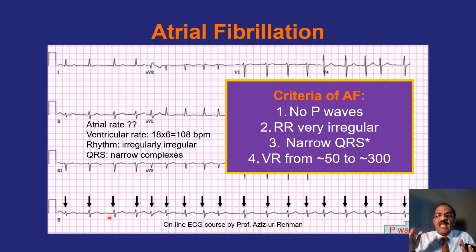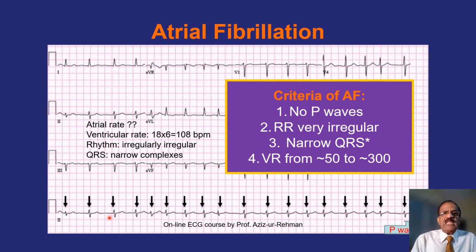Because in atrial fibrillation, there is always variable block, because the atria are bombarded with so many depolarizations that the AV node is almost in a constant state of depolarization. This is called concealed conduction.